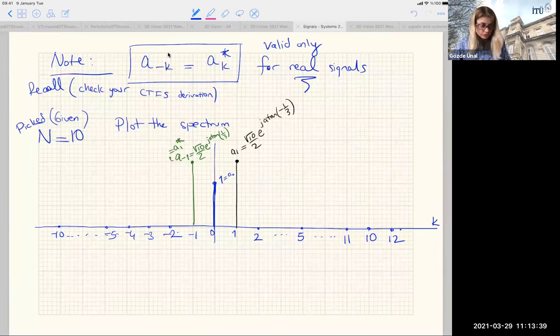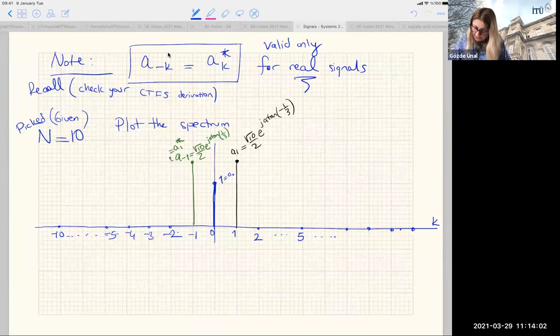What did I do here? It's a funny thing I did. Sorry for this. It should be one more. Let's see, centered around 10 because it's periodic with 10, right? So let's pick this as here.